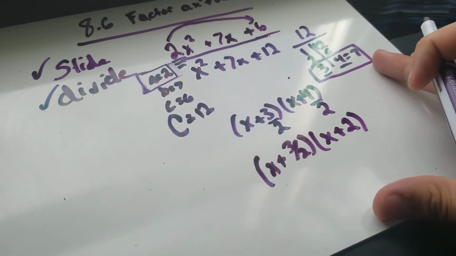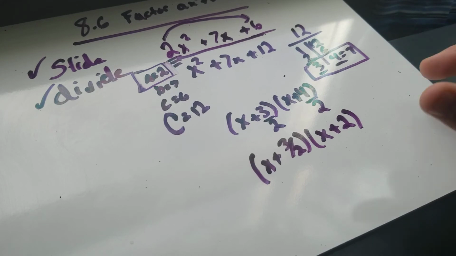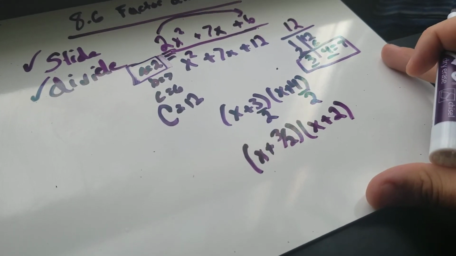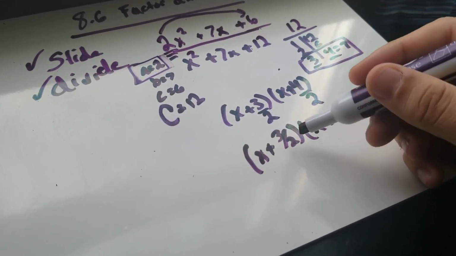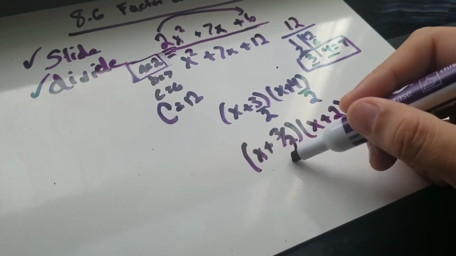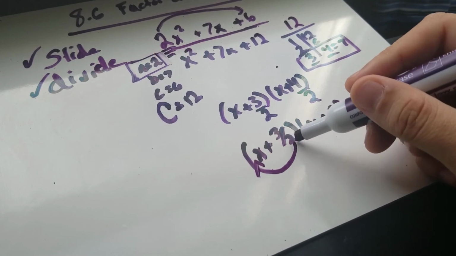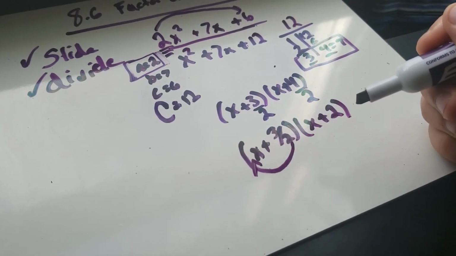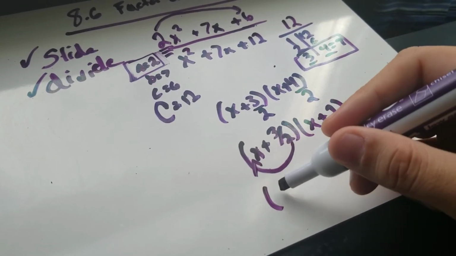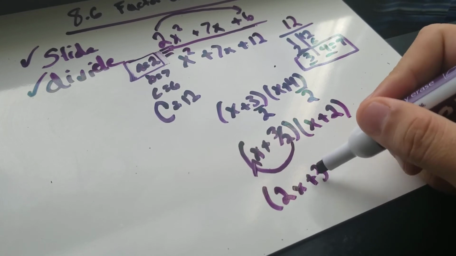Now the problem is I do not like fractions in my answers, so this is what I'm going to do to fix that. I'm going to take this 2, which is the denominator left over, and move it over here. So this becomes 2x plus 3.